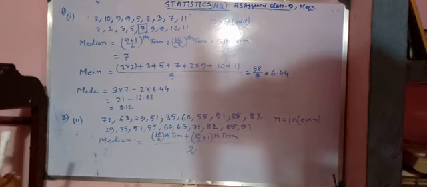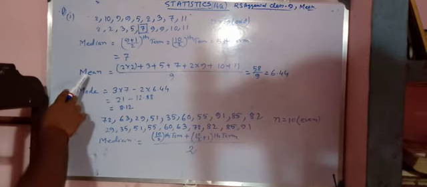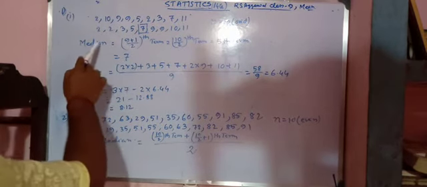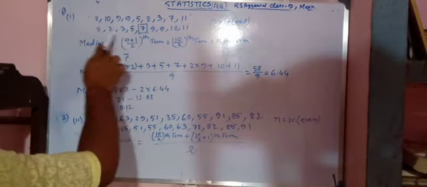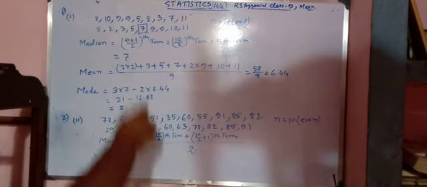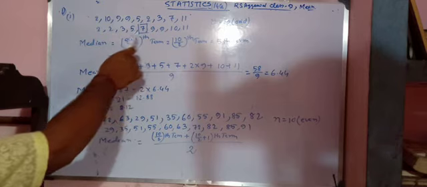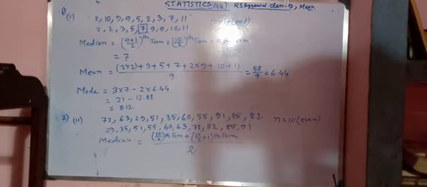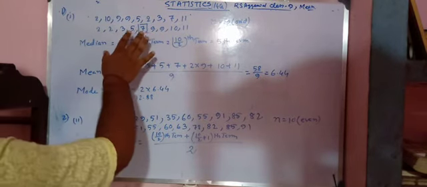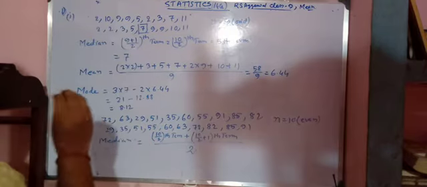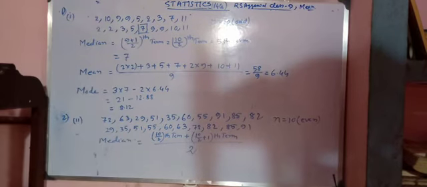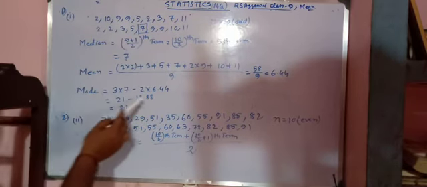I am again telling you that here we have to find the mode from this given data. The number of occurrences is not given here, so we can't tell the mode directly. That's why I have used the empirical formula.